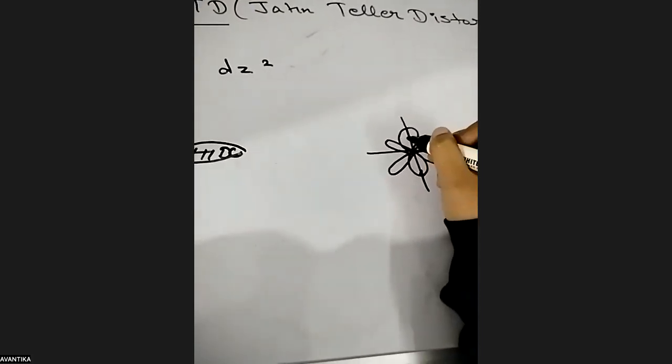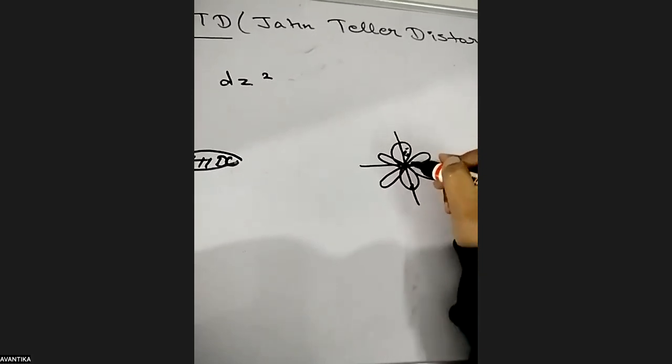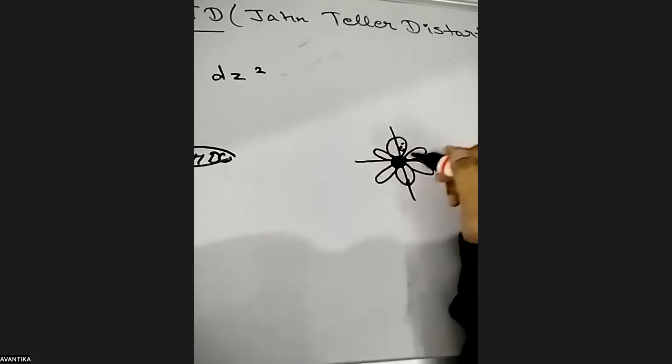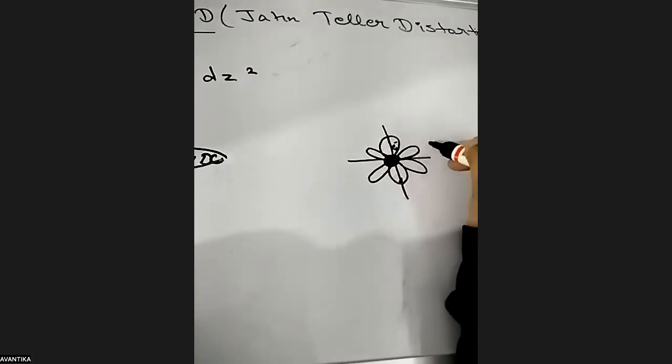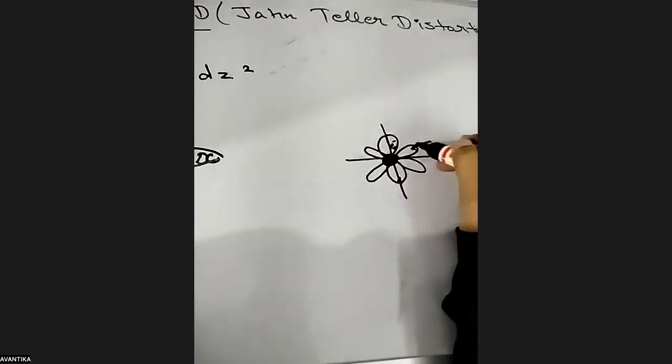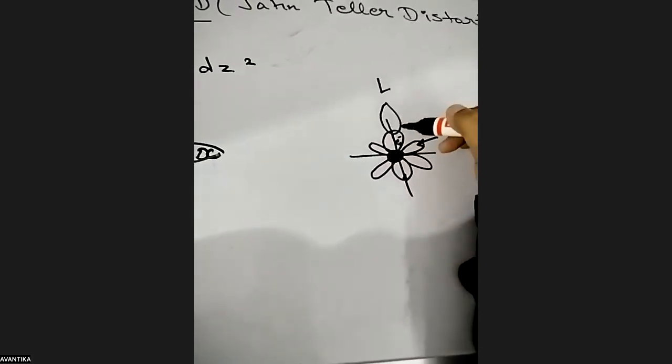If the electron is in this dz square orbital and the ligand is approaching towards this z direction, then more repulsion will occur as compared to the x and y direction.